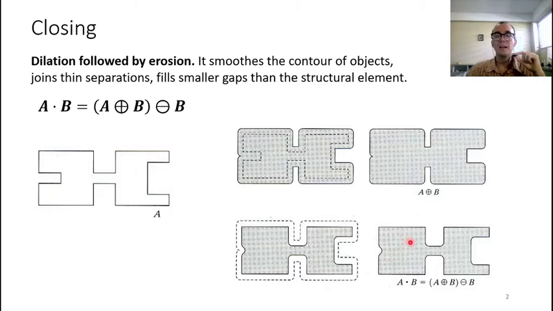The same idea applies if we have holes in the object: a hole would be filled if we use a structural element bigger than the hole. In this way, we can finally appreciate from this example, from a mathematical point of view, how the closing operation occurs in morphological image processing.